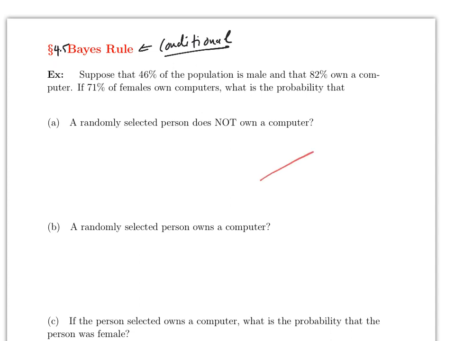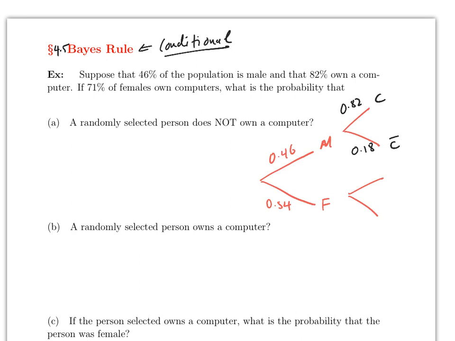Here it tells you that 46% of the population is male. So automatically that implies that 0.54, or 54%, of the population has to be female. Then it says that if the person is male, there is an 82% chance that we have a computer, which means that there is an 18% chance that it will not have a computer.